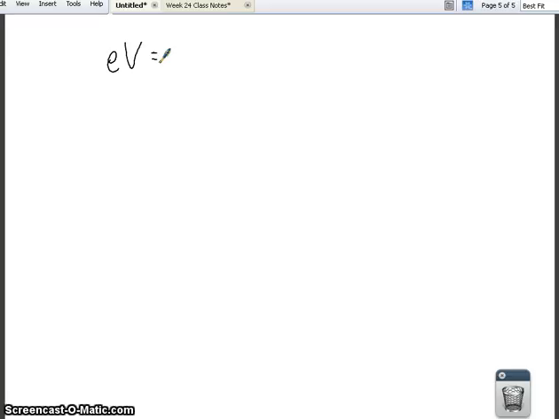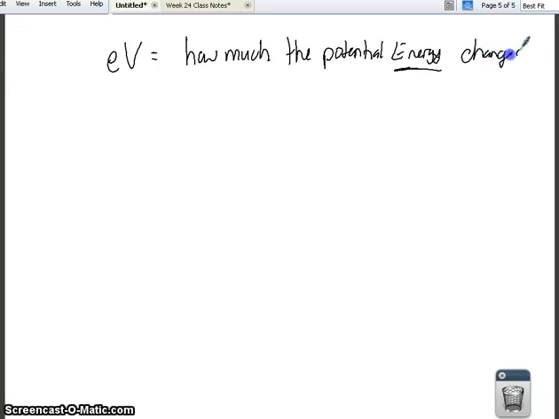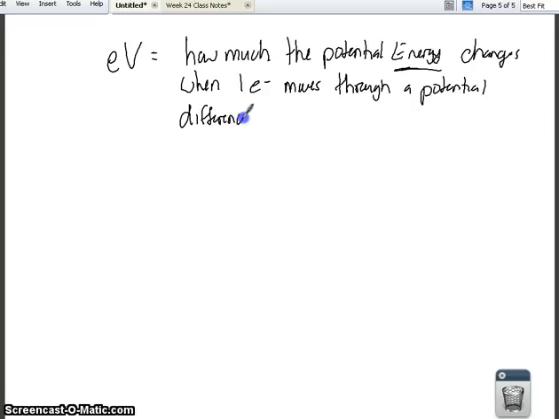An electron volt is how much the potential energy changes when one electron moves through a potential difference of 1 volt. Okay, how much it moves through a potential difference of 1 volt.